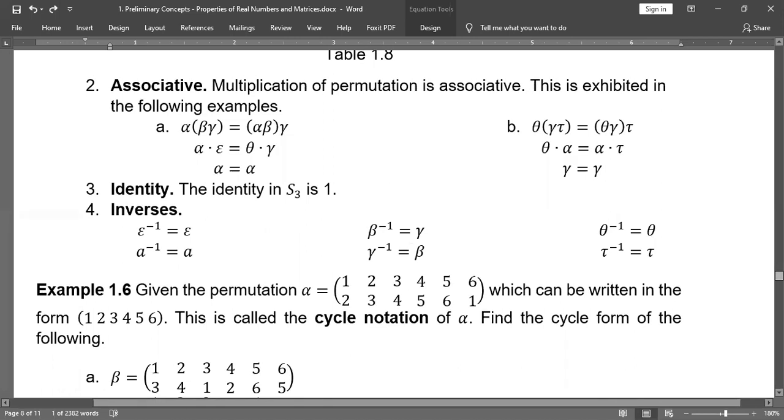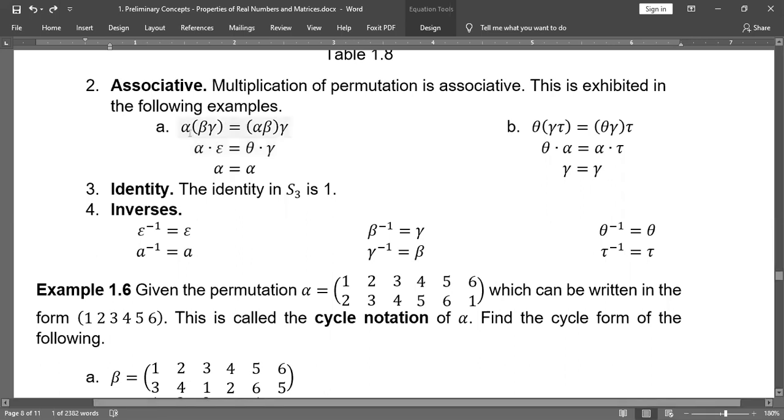Associativity, multiplication of permutation is associative. This is exhibited in the following examples. So, as I told you a while ago, when we talk about associativity, we talk about groupings of the multipliers in case of multiplication.